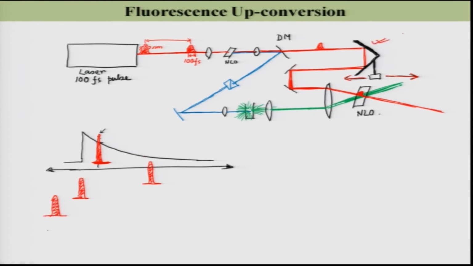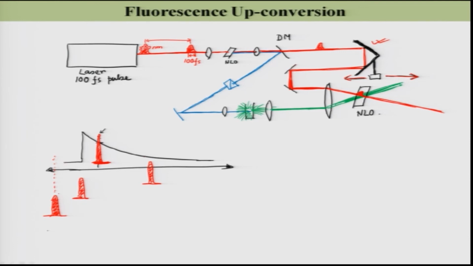Now, consider the case when the position of this femtosecond pulse, that 800 nanometer pulse, is at this position where there is no fluorescence intensity. What will happen in this case? The fluorescence intensity is 0, that means one of the components is 0.